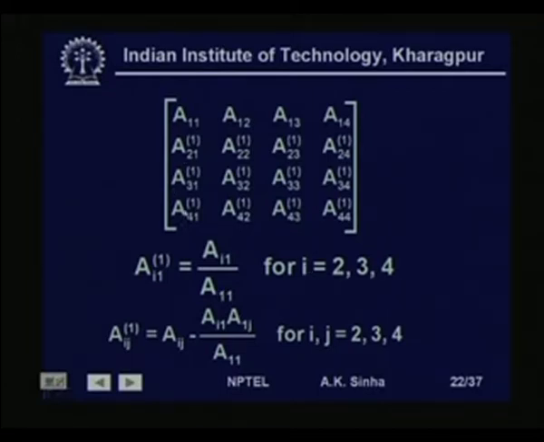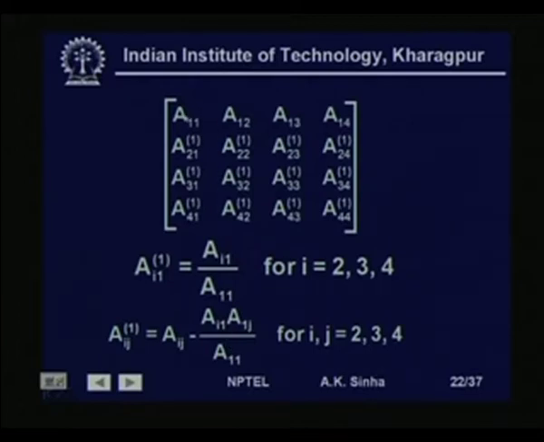And Aij, these elements will become Aij minus Ai1 into A1j divided by A11.